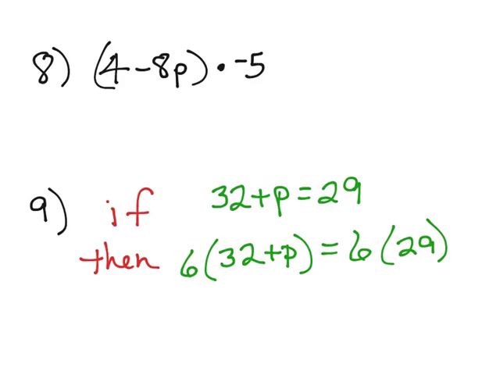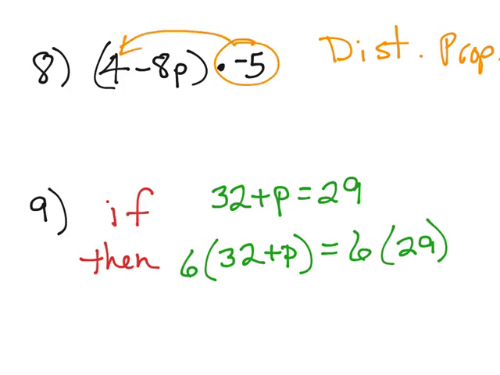Number 8, we have a number being multiplied outside of the parentheses. We just want to go over really quick the distributive property. So we already know it's the distributive property. But this time we have a number on the back side. Guess what? It makes absolutely no difference. You still multiply that times both of those. So negative 5 times 4 is negative 20.